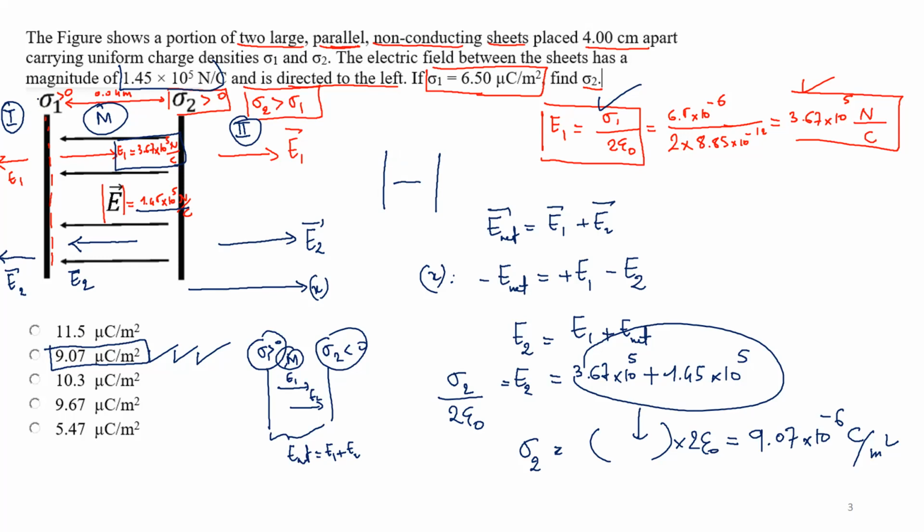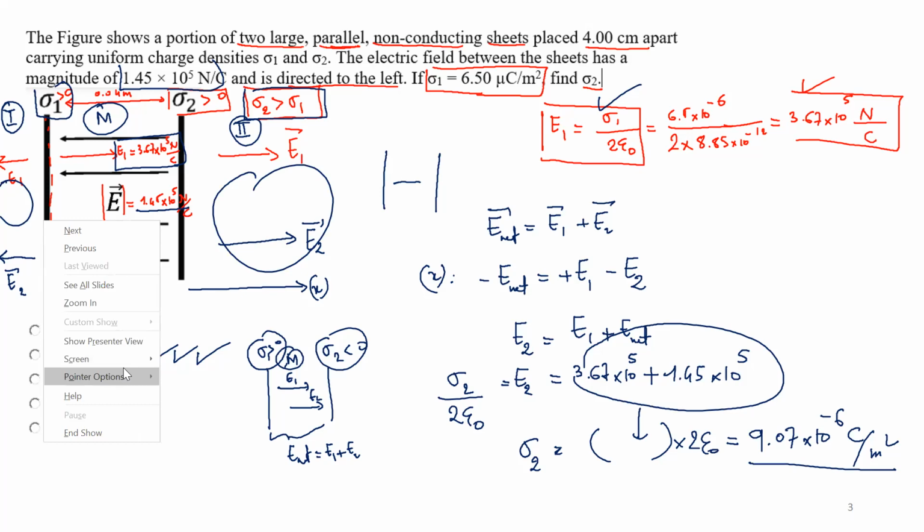And this is exactly what we found here. Sigma 1 is positive and sigma 2 is positive. And moreover, sigma 2 is larger than sigma 1, and I get my sigma 2 larger than sigma 1. Now, I could have asked you a question about the electric field here, but we already solved that in class. Now, let me go to the next question.